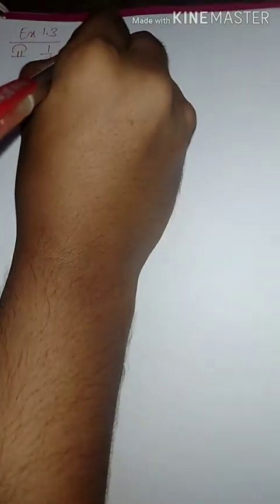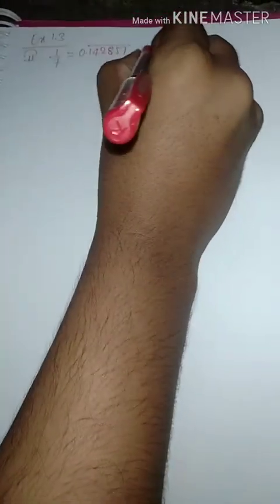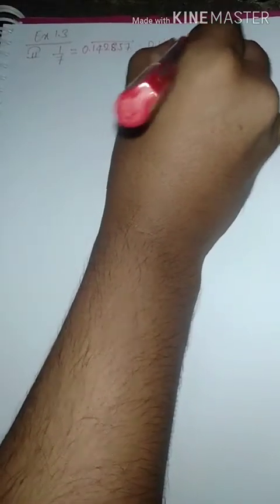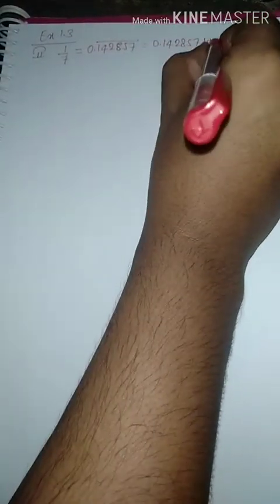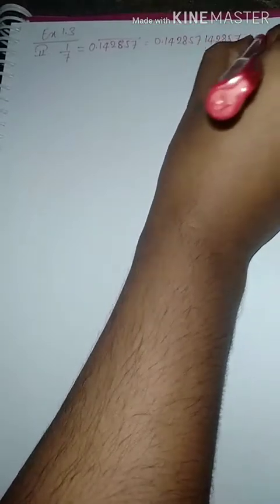In this video lecture, I am going to solve the problems related to number system. Exercise number 1.3, second main. You know that 1 by 7 is equal to 0.142857, 142857 and so on.